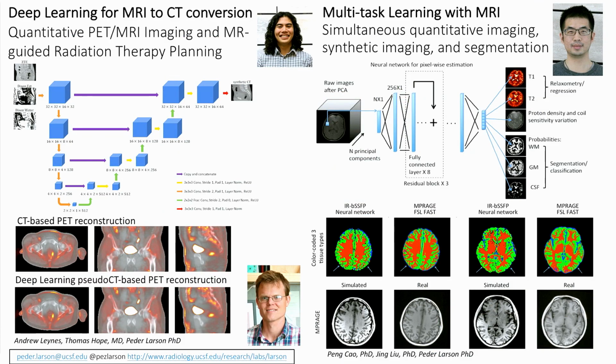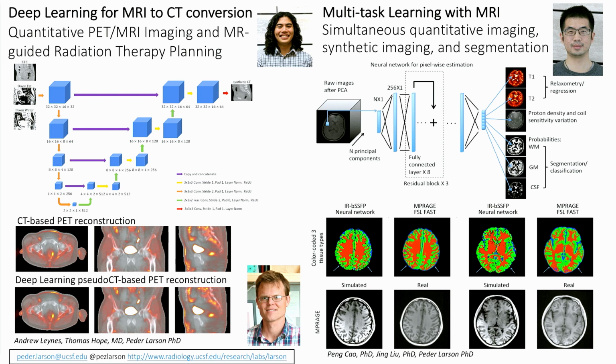Next, this is my colleague Peter Larson's group. They've been generating CT-like images from MR because traditionally PET is acquired with CT, but CT has very poor soft tissue contrast, though it's great for correcting for bone.